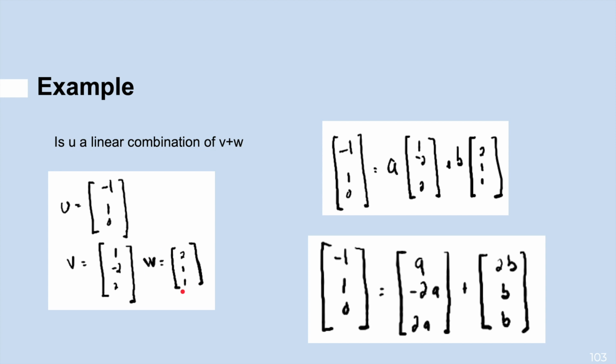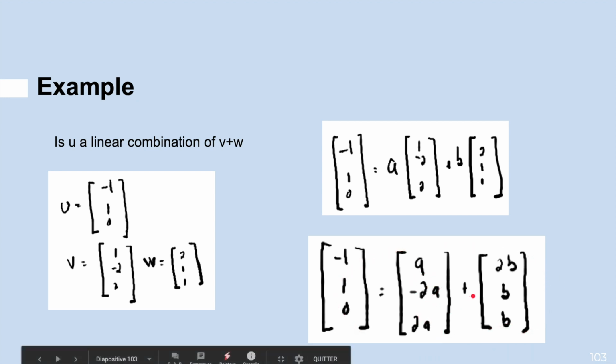To do this, I'm just going to write it out like I had in the equation before. So I have vector u is equal to a times vector v plus b times vector w. Now I want to know if this is possible, if any number at all of a and any number at all of b can possibly equal this.